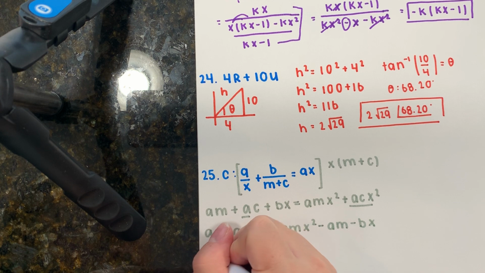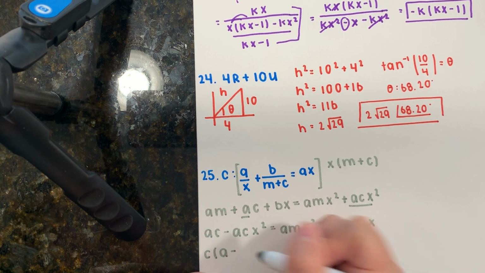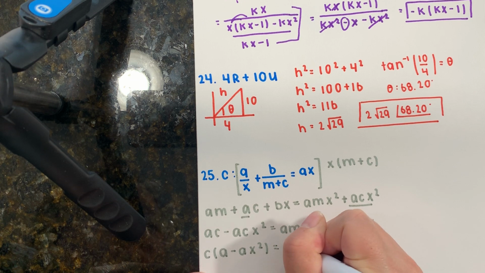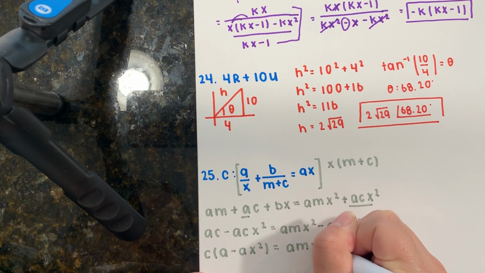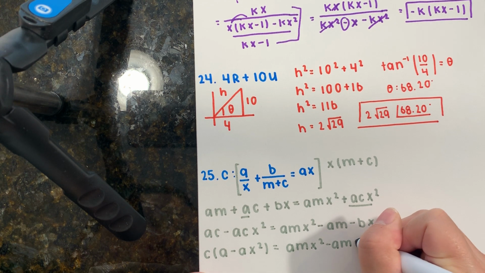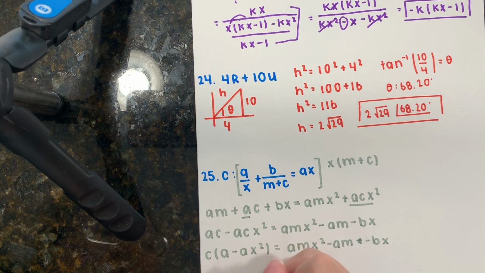I'm going to factor out a c from the left-hand side. So that would be a minus ax squared. Right side stays the same at amx squared minus am minus bx. Then we're going to divide by this parentheses.